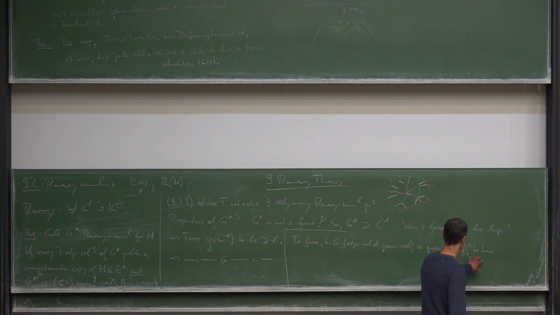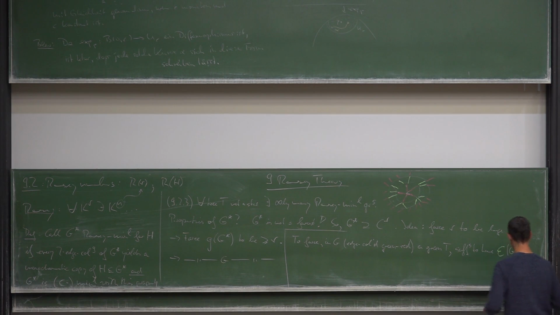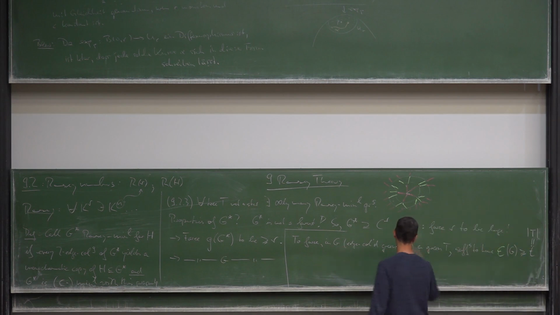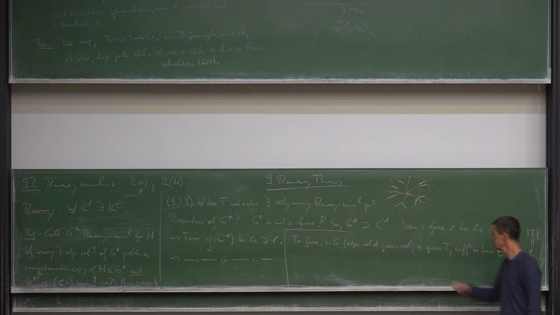So it suffices to have green epsilon to be at least T. That's the order of T. In fact, T minus 1 would do. So we take a graph G, and we're edge coloring it red-green.